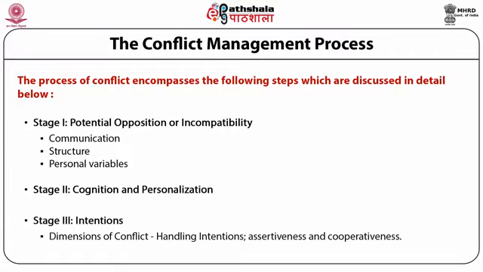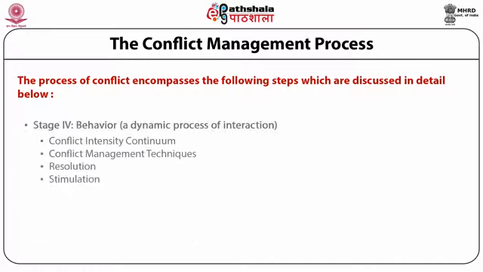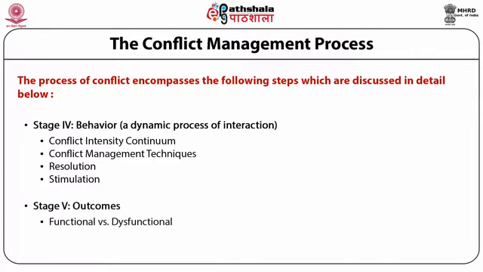Intentions: dimensions of conflict, handling intentions, assertiveness, and cooperativeness. Stage 4. Behavior: a dynamic process of interaction, conflict intensity continuum, conflict management techniques, resolution simulations. Stage 5. Outcomes: functional versus dysfunctional.